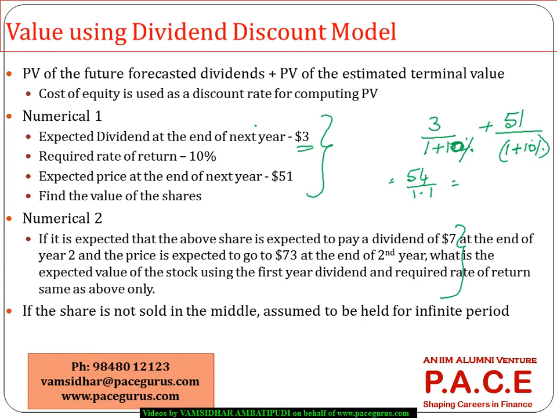That is the kind of simplicity we need to understand as far as valuation of equity using the discounting of the dividend model is concerned. Think of all the possible future dividends, get them to the present value by discounting with the required rate of return. Only if you understand this one line, we can solve almost every kind of question present as a part of this valuation approach.